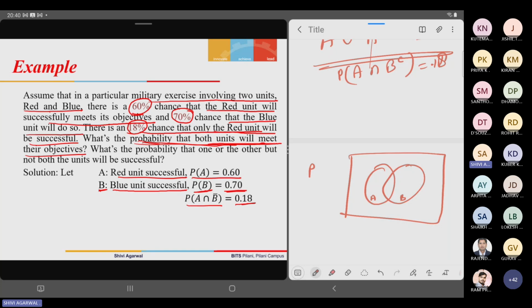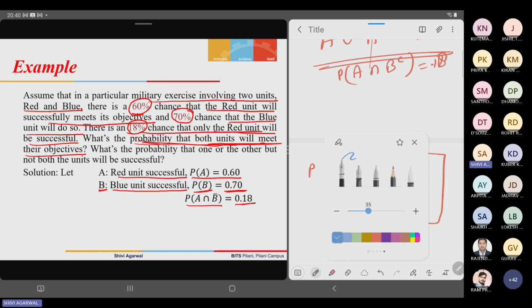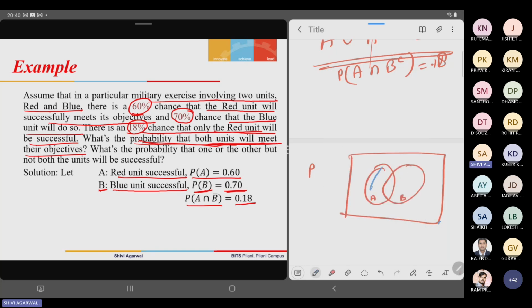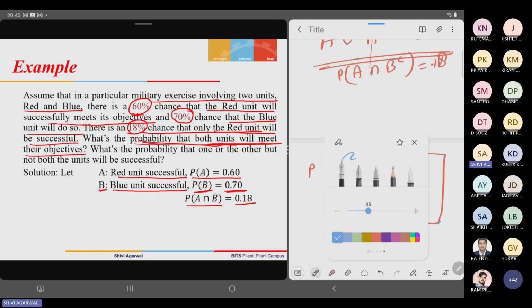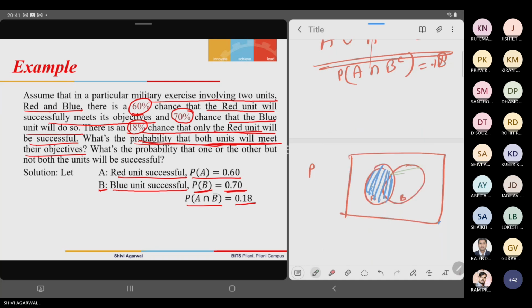Probability of A is given, this one. I will change the color. Probability of B is given as the complete circle, like this one.